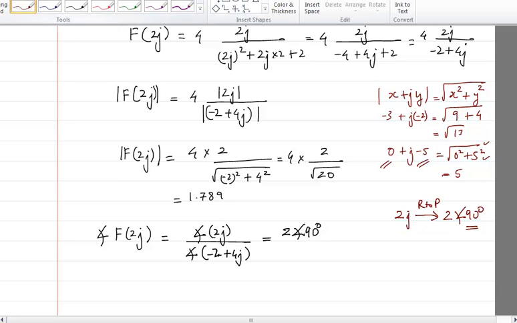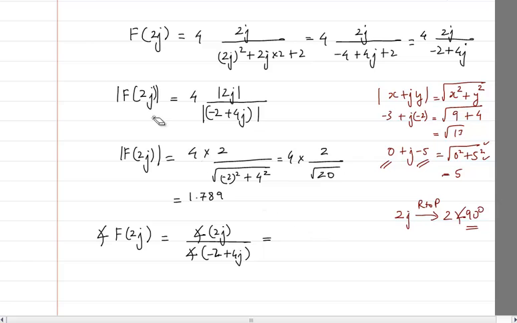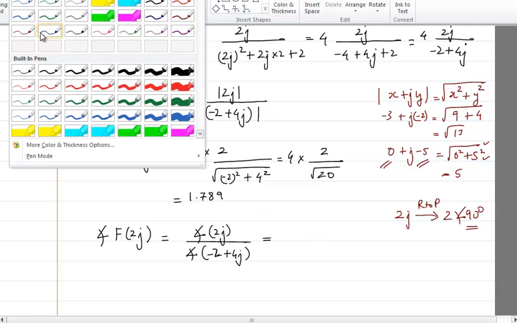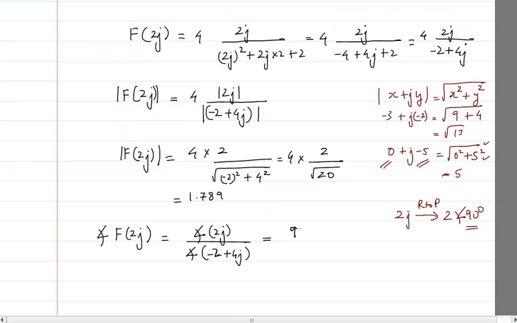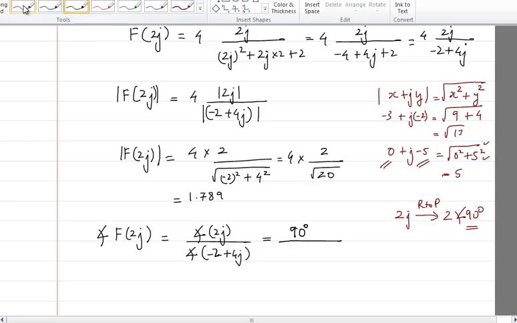So I can directly write 90 degrees in the numerator, and in the denominator, again I do the rectangular to polar conversion of minus 2 plus 4j.